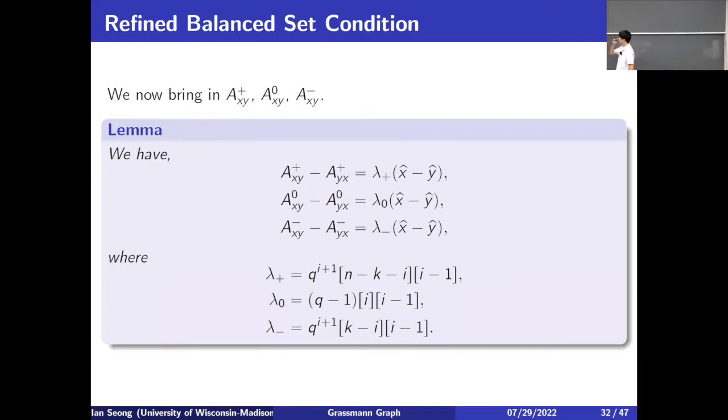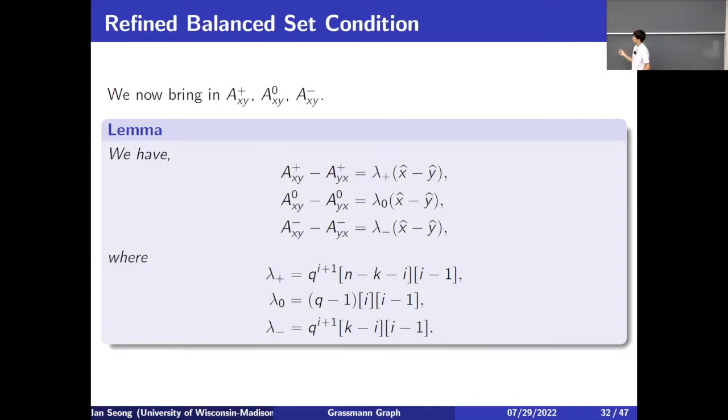Now we can refine this balanced set condition. We just had the balanced set condition on A, and we now have balanced set conditions on plus, not, and minus. So axy plus minus ayx plus is equal to lambda plus times x hat minus y hat, and we have similar lemmas for all the nots and the minus. The scalar multiples are listed below.